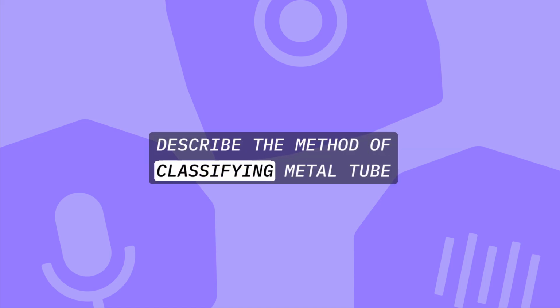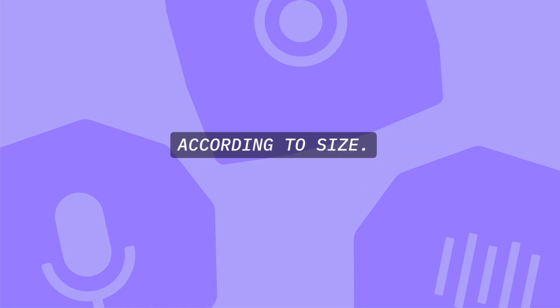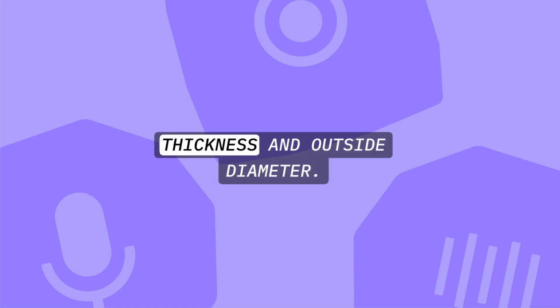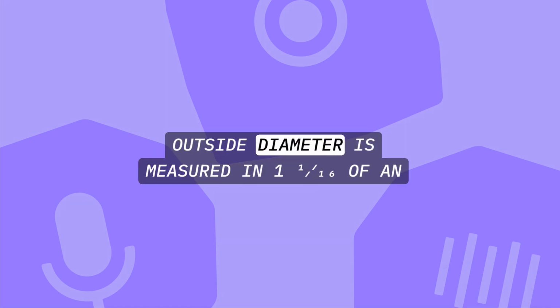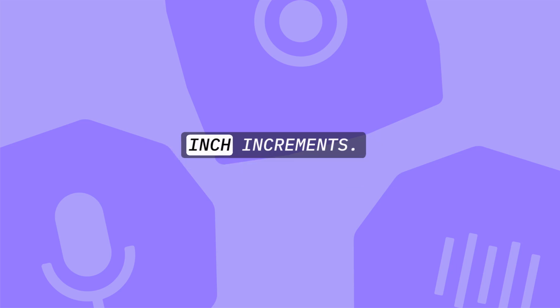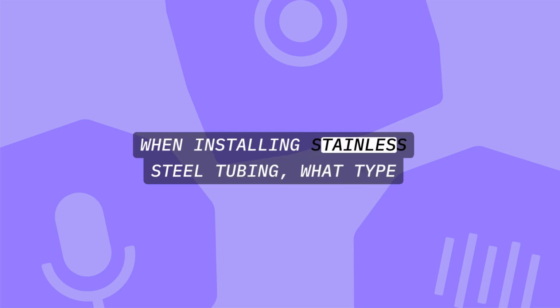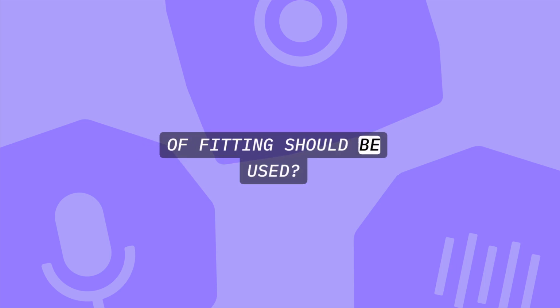Describe the method of classifying metal tube according to size. Metal tubing is sized according to wall thickness and outside diameter. Outside diameter is measured in 1/16 of an inch increments. When installing stainless steel tubing, what type of fitting should be used?